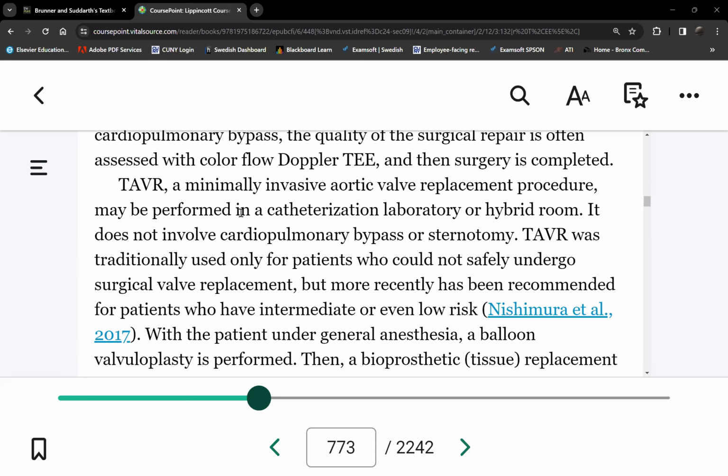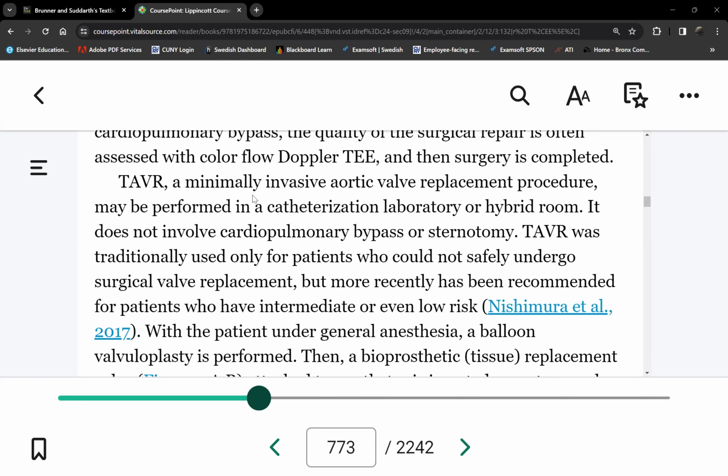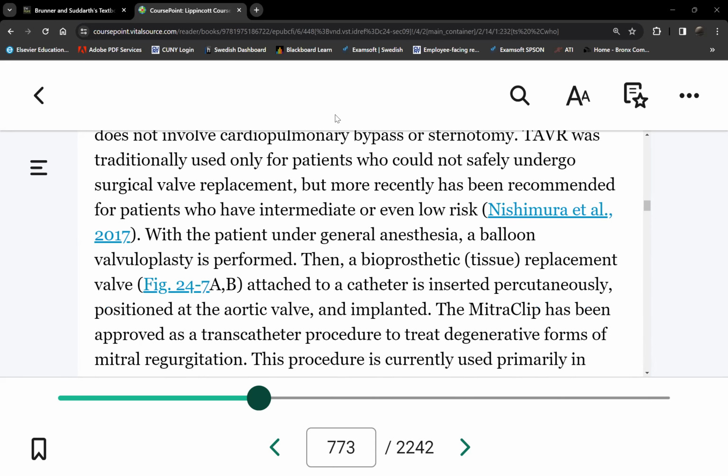So 80-year-old patients or otherwise really heavy patients, morbidly obese patients, they were just told there's no treatment for you. Okay, so just say goodbye, enjoy your last days. That was it. Now with TAVR, those patients are candidates again. Okay, so pretty much anybody can have TAVR now. So minimally invasive. So we don't have to cut your chest open just to replace a valve today.